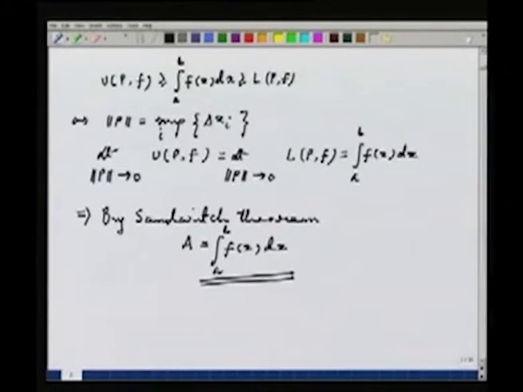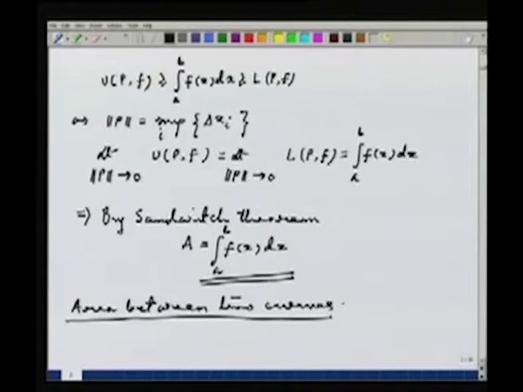Now, I want to find area between two curves. Is that possible? So let us say the situation is this, that f, g, both are continuous functions on an interval [a, b]. These are continuous.